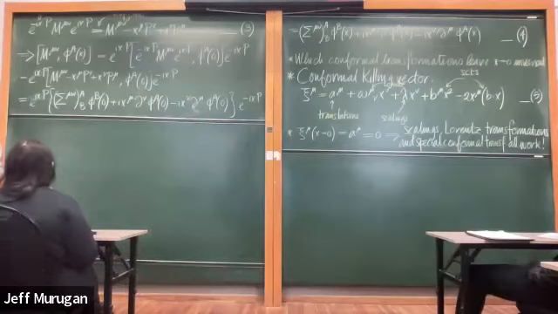Finding all the primary operators in a conformal field theory is, A, very difficult, and B, largely an unsolved problem. There is a very small set of conformal field theories, mostly free conformal field theories, where we know what the primary operators are. But once we know those primary operators, we know everything we need to know about the conformal field theory.